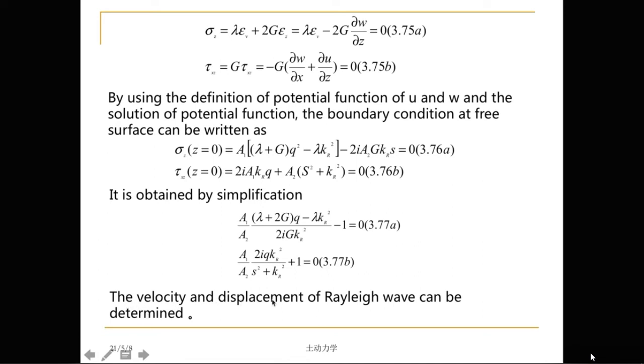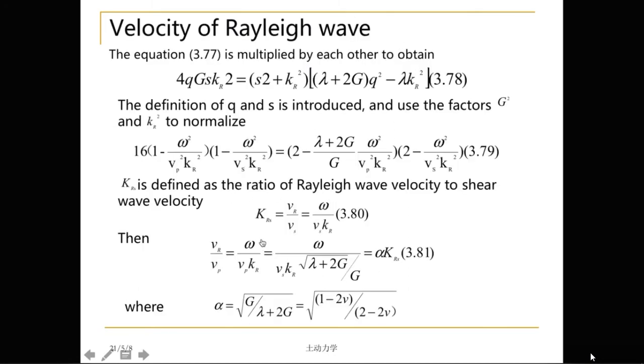The velocity and the displacement of Rayleigh waves can be determined using these equations. Now let's see the velocity of Rayleigh waves. Equation 3.77 is multiplied by each other to obtain equation 3.78.